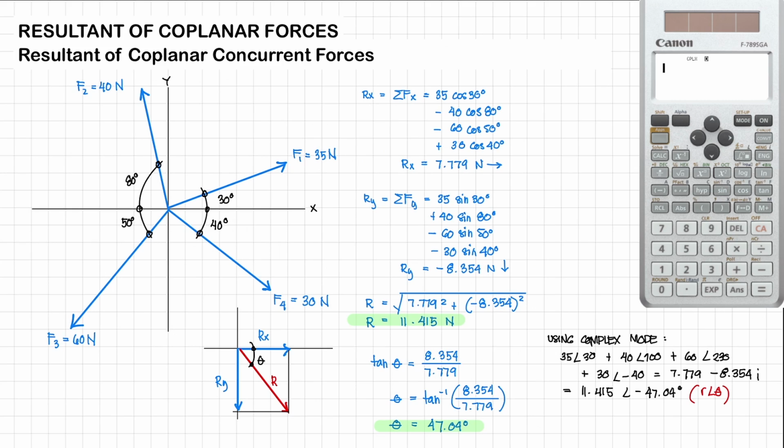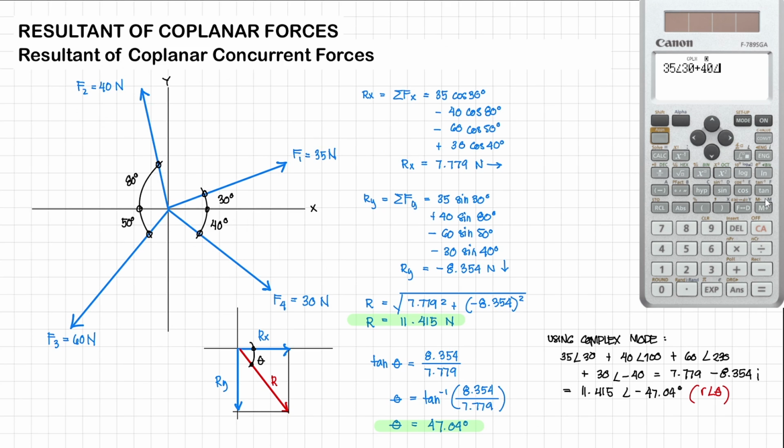So our first force, F1, is 35 newtons and its angle of inclination is 30 degrees. Plus F2, which is 40. For the angle of inclination, you have to be careful with this one.